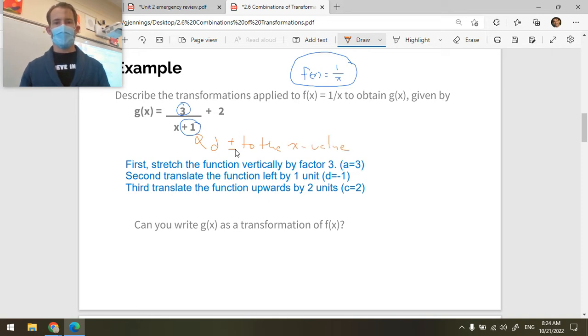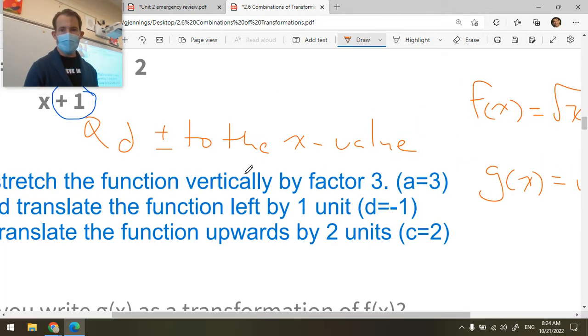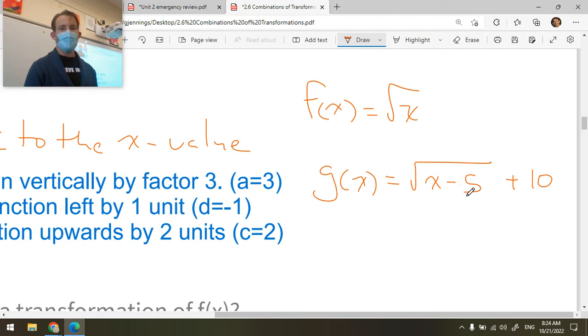So if it was, say, a square root function like f of x equals the square root of x, and then you saw g of x, which is a transformation of the square root of x, and it were something like the square root of x minus 5, plus 10. Here we want to notice that the minus 5 is inside the square root. It's connected to the x value.